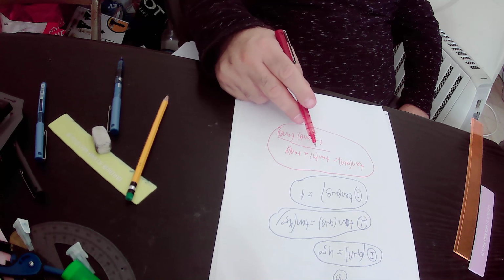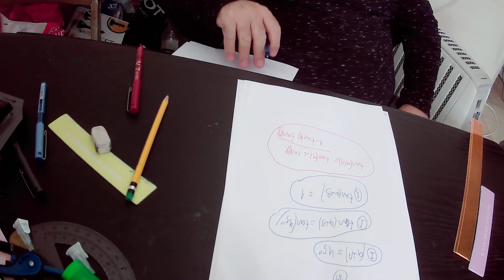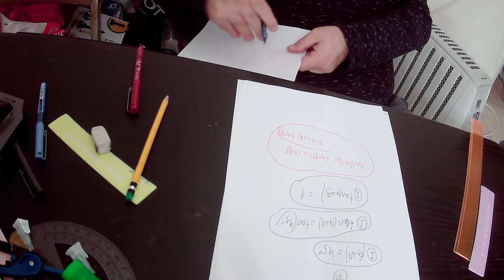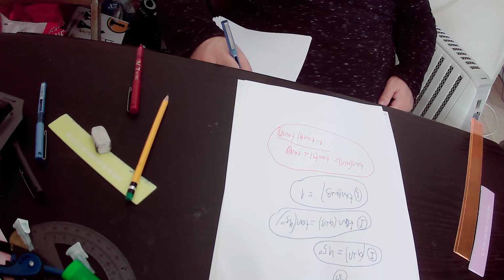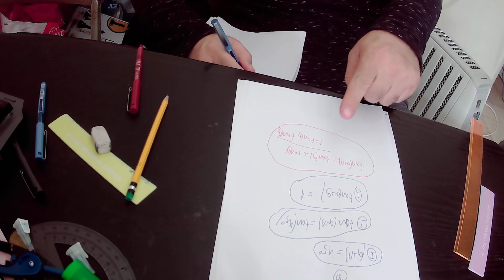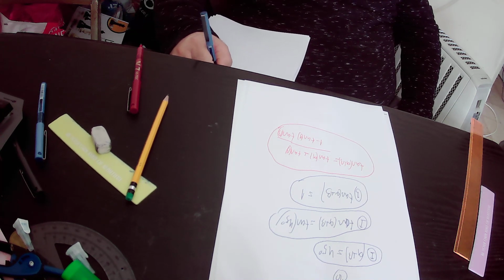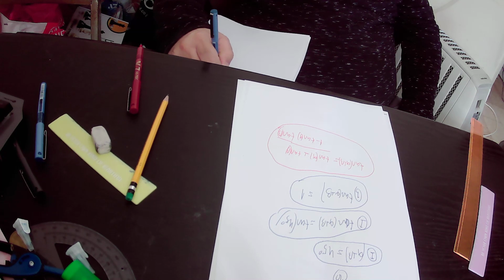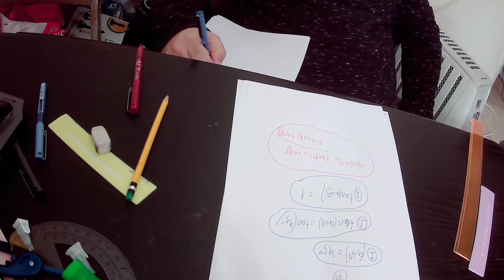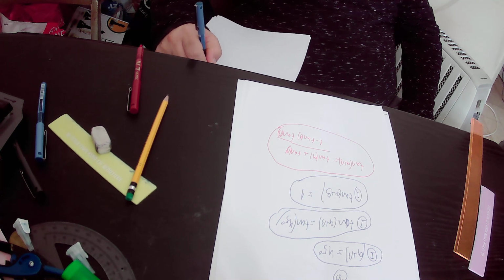So we will get in equation number 1, instead of tangent of alpha plus beta, we will write this expression, that is tangent alpha plus tangent beta over 1 minus tangent alpha times tangent beta, all equals to 1.